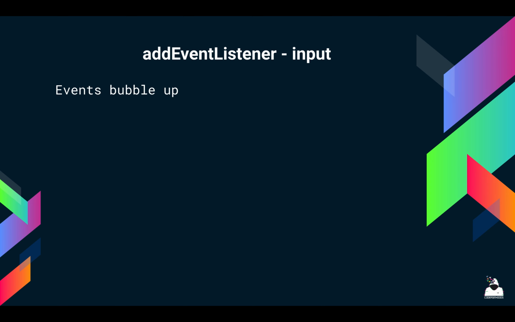So we click on the button that's inside the header, and the button has that event fired. Maybe we aren't listening for an event on there, but then it moves up to the parent of that element, which is the header. We are listening for the event on the header, and it triggers that event handler, and then it moves up to the body of the document, and then up to the document itself.